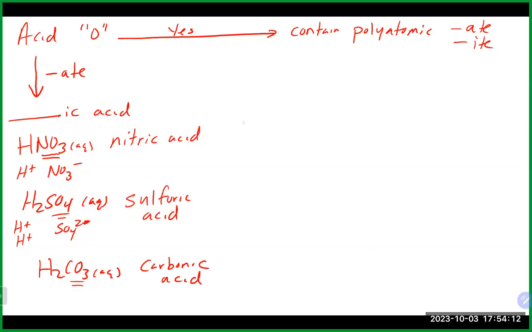How about HClO4? ClO4 minus and H plus, basically, right? ClO4 minus is perchlorate. So this should be what? The per stays. This is perchloric acid.